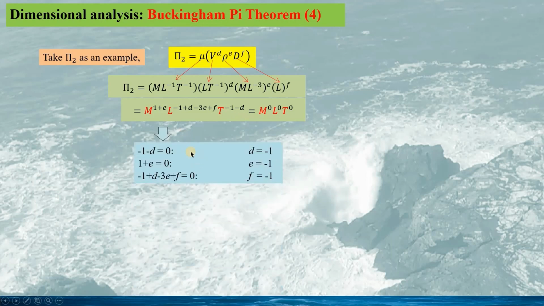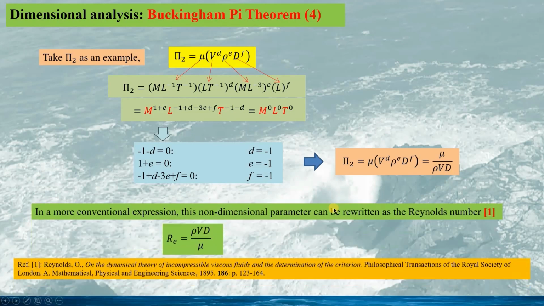So we can build the equations for the power indices D, E, F. And solving all these equations, we can obtain the power indices D equaling -1, E equaling -1, and F equaling -1. Therefore, we can construct the non-dimensional pi 2 given as this.